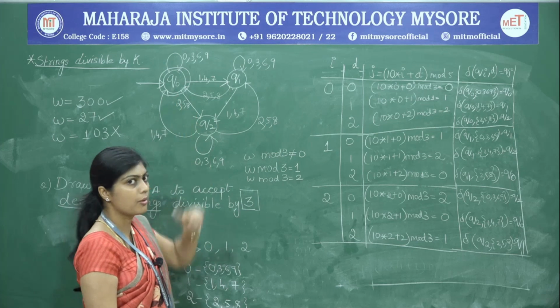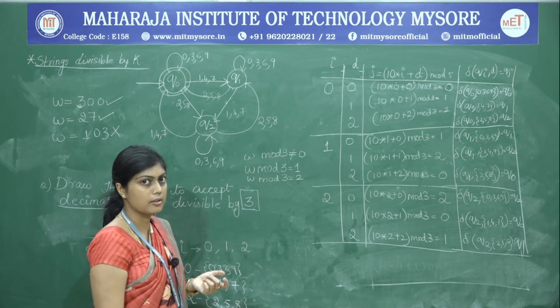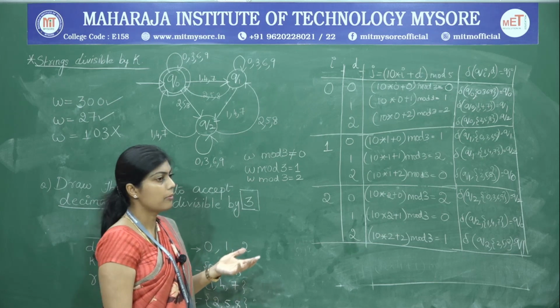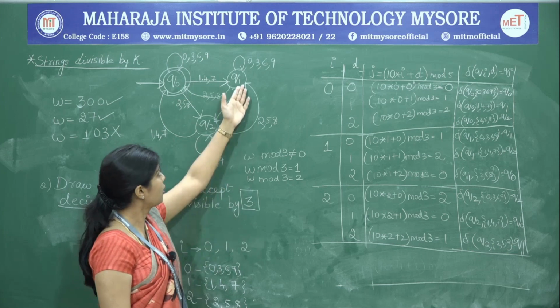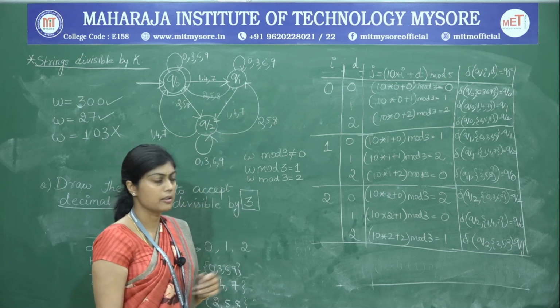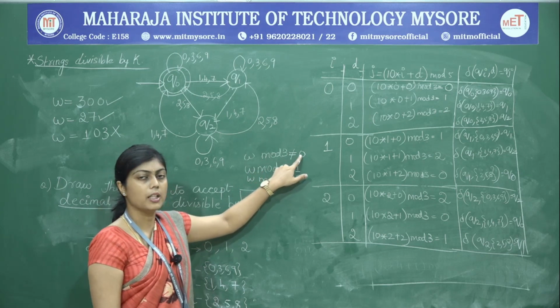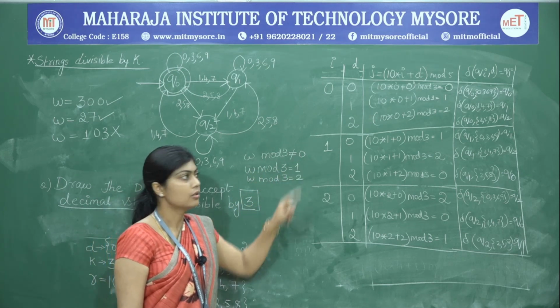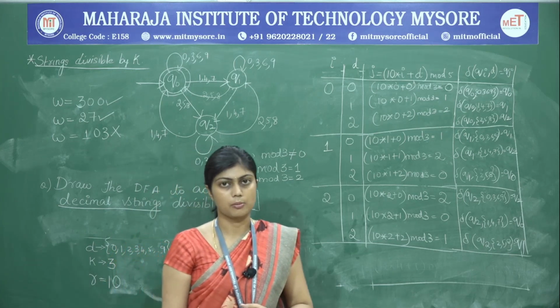Therefore q0 should not be accepting anything, so q0 should become a non-final state. The rest of the possible remainders are 1 and 2, which q1 and q2 are accepting. Therefore q1 and q2 will become the final states for this case, where w mod 3 should not be equal to 0. So this is how we solve the problem for any string which is divisible by k.